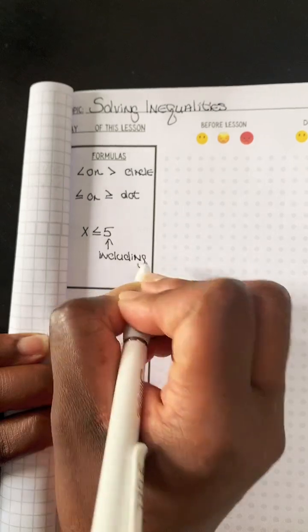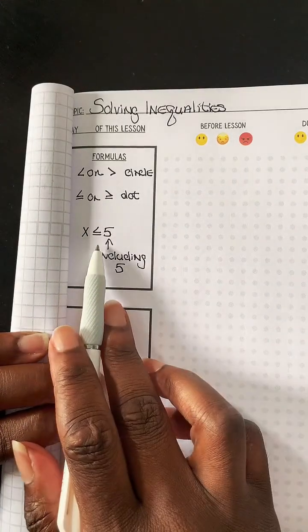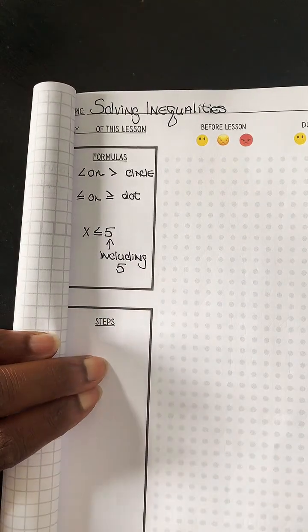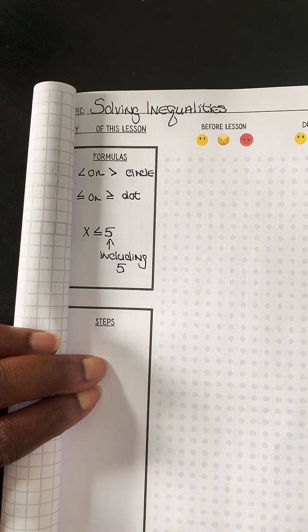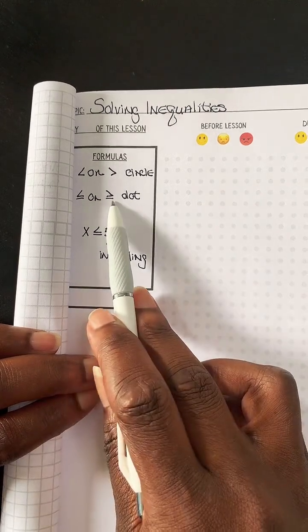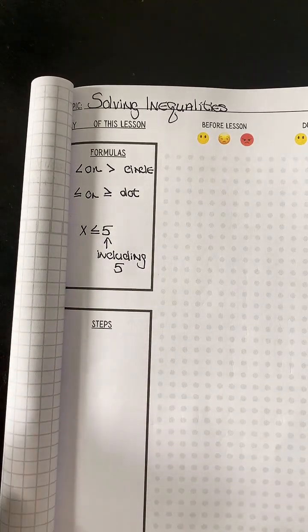That's what that symbol means. It doesn't mean less than and something else that people always make up, okay? And the same thing goes for the greater than. It's going to be greater than or equal to.